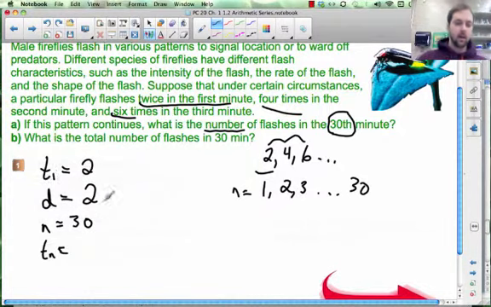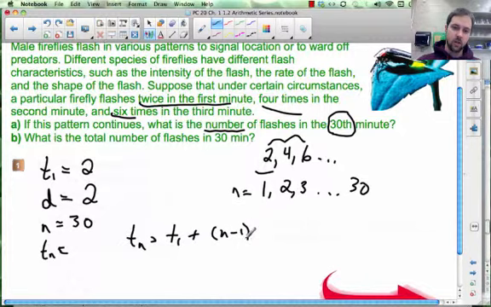This is the arithmetic sequence, and we just want to find Tn. And we know that Tn can be found by taking T1 plus n minus 1 times d. So Tn equals 2 plus n minus 1, which is 30 minus 1, which is 29, times d, the common difference, which is 2.